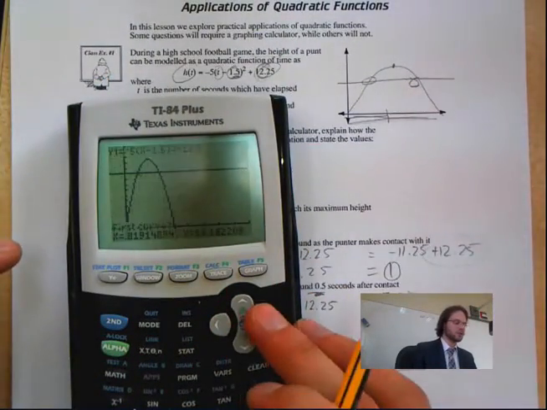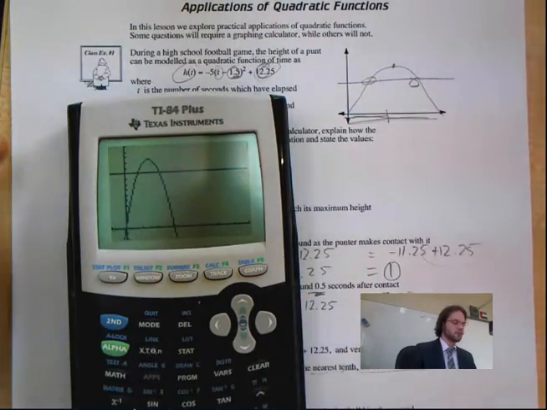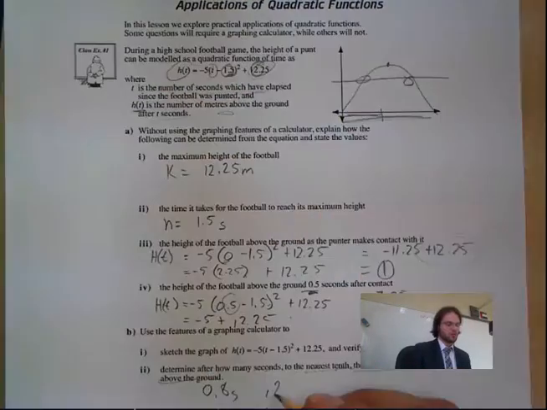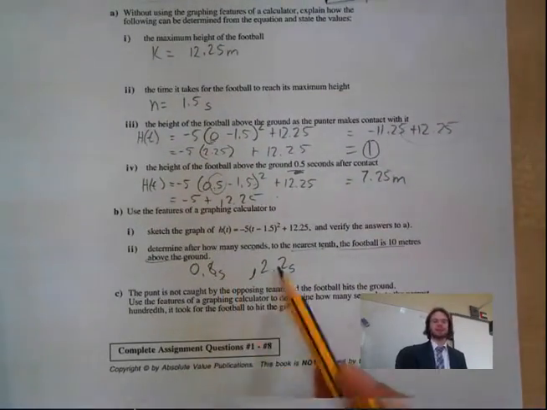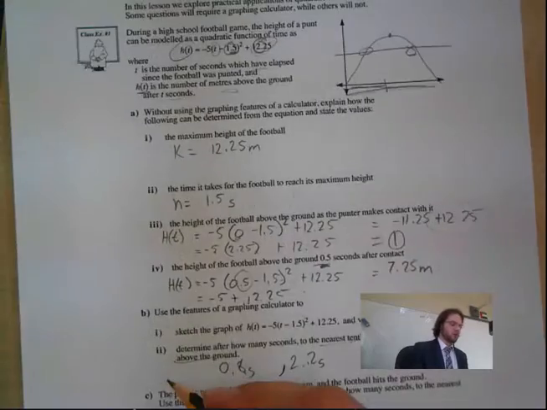Find my intersect, go this way, get close. I'm going to get 2.2 seconds. So it's 10 meters above the ground at 0.8 and 2.2 seconds.